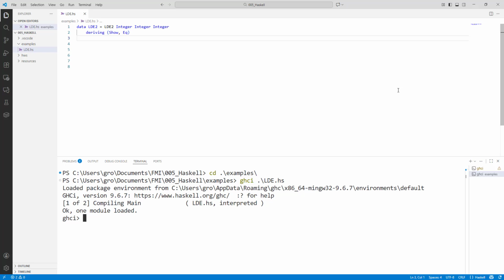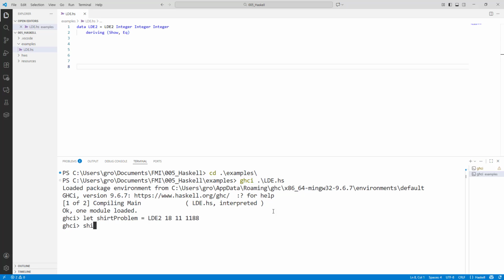Now GHCi knows about this LDE2, and let's see what we can do here. So we're going to use a variable. I'm going to define the variables with let. Short problem equals LD2. So something like this. I'm not taking the values for granted, just getting them this way.